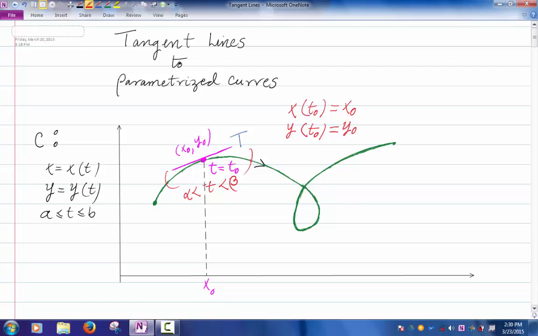So I'm assuming around the point x0, y0, there is a small portion of the curve where I can think of y as a function of x. If I can do that, then what would be the slope? Can you tell me what the slope would be if I can assume that y is a function of x around the point x0, y0?